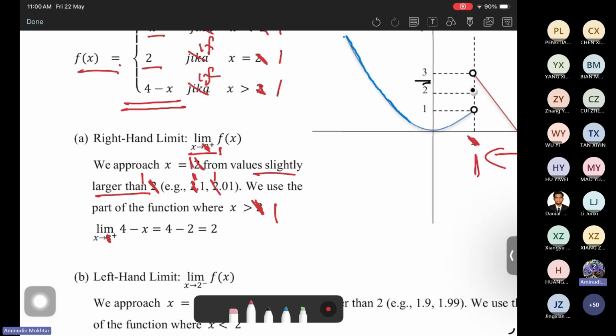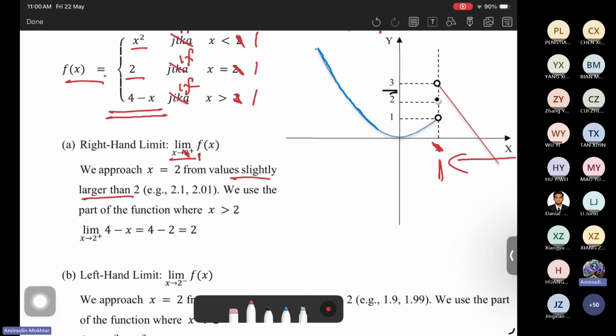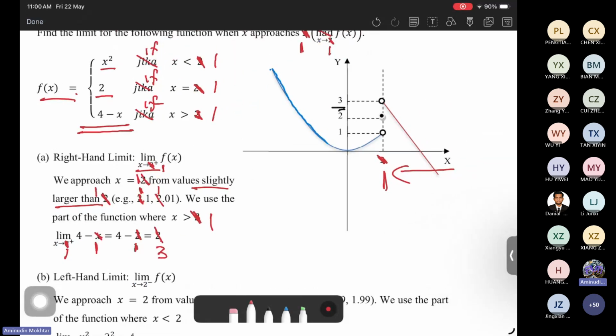That is the limit of the function 4 minus x, so we follow the rule of the limit: 4 minus 1. The answer is 3. So if we refer to the graph, when x approaches 1 from the right, the value of y will approach 3. That is the correct answer.